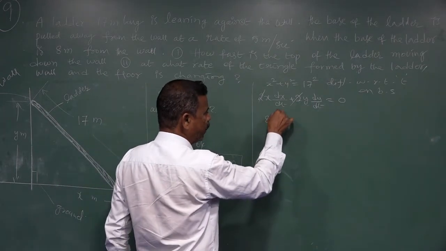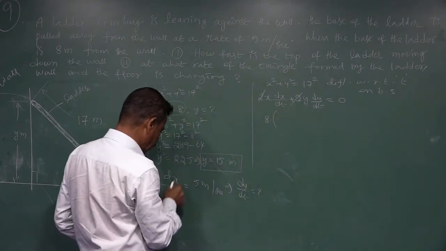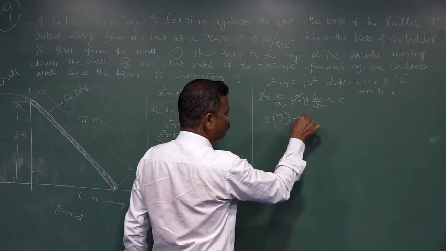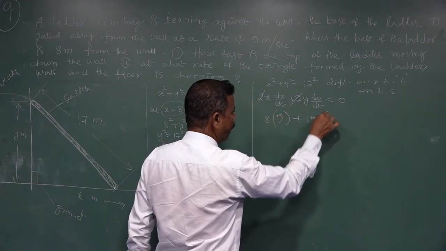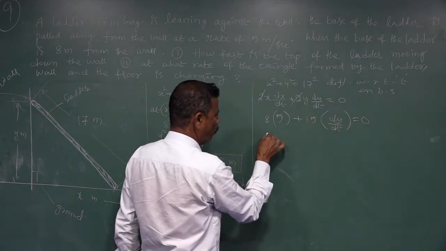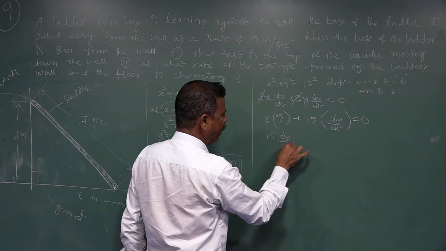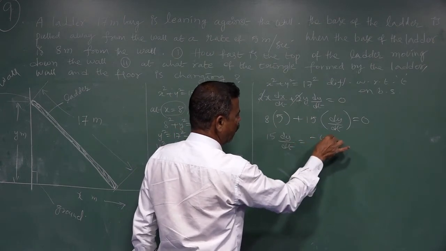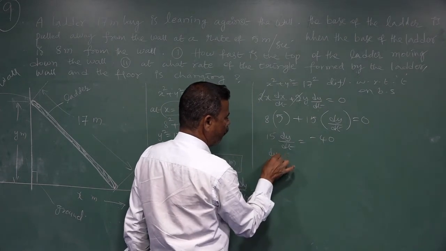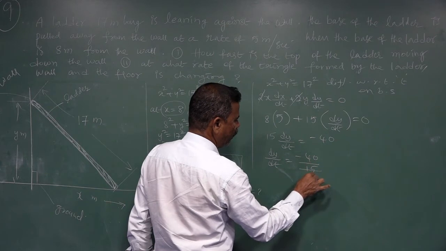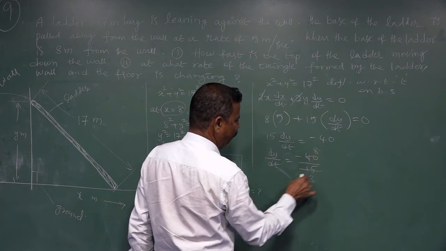So 8 into dx by dt, how much? 5 meters per second. Here 5, plus y value 15 into dy by dt, we find, is equal to 0. So 15 dy by dt is equal to minus 8 into 5, which is minus 40. So dy by dt is equal to minus 40 by 15, which is minus 8 by 3.